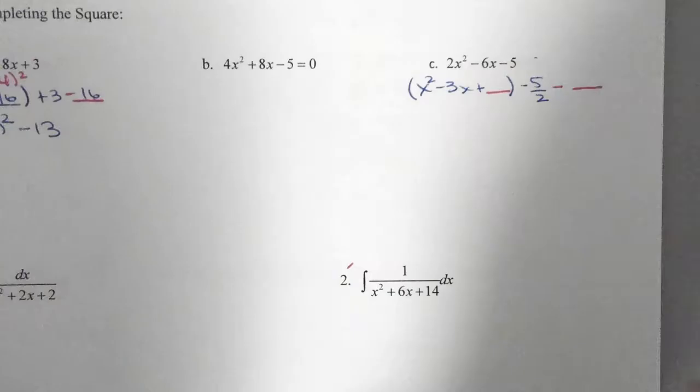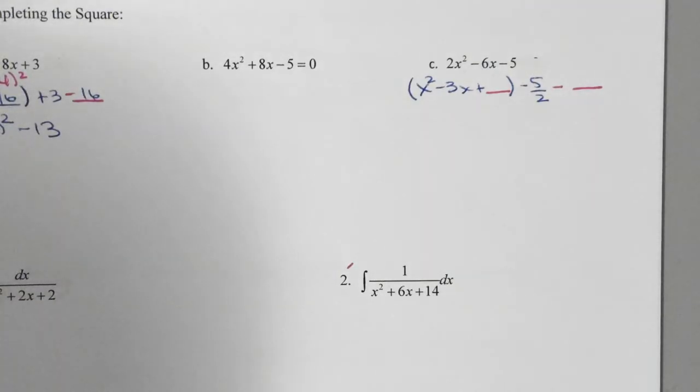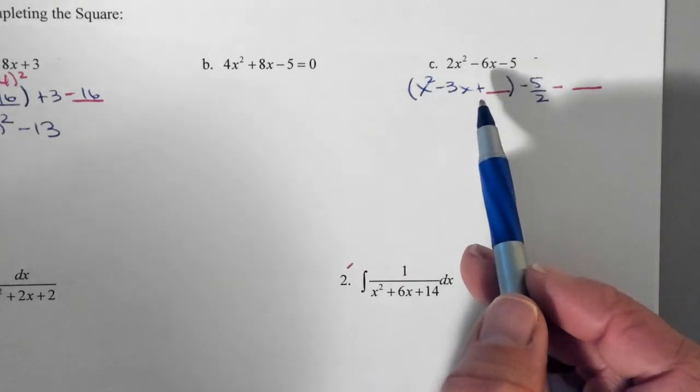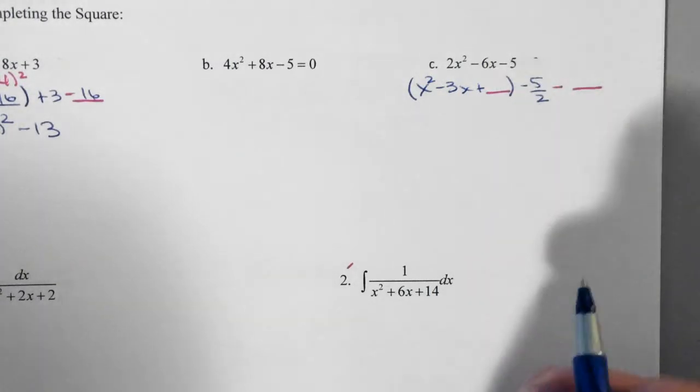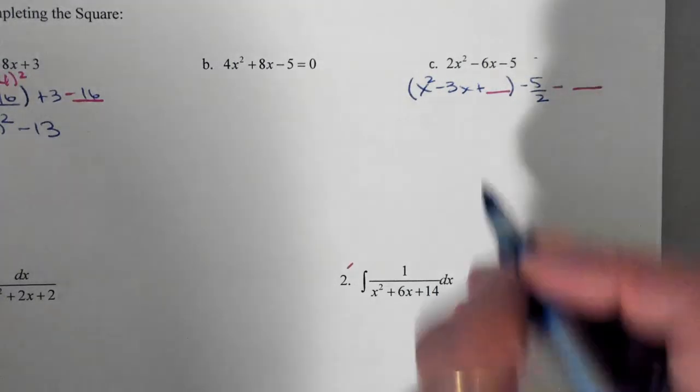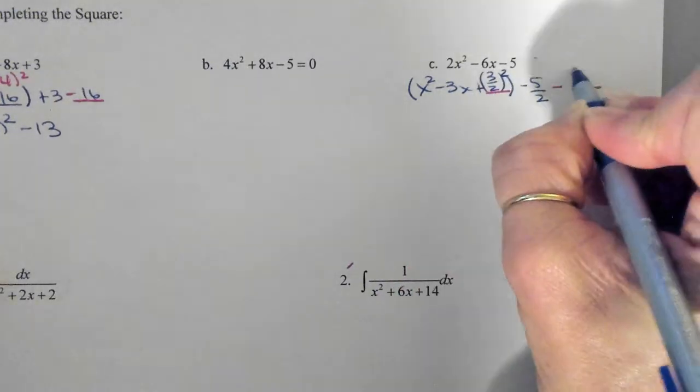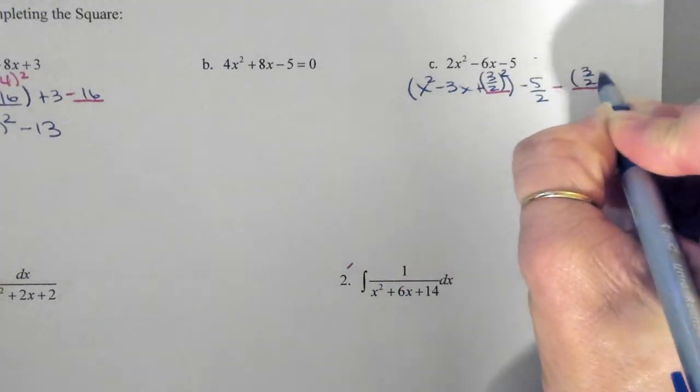Okay. The bad news here is that my b value is not an even number. That means it's not evenly divisible by 2. So I'm going to write it as the quantity squared, just like I did before for the 16. I wrote it as 4 squared. What's the number that's going to go in here? 9/4. It's going to be 3 halves squared. So I'm going to write it as 3 over 2 squared, and this is 3 over 2 squared.